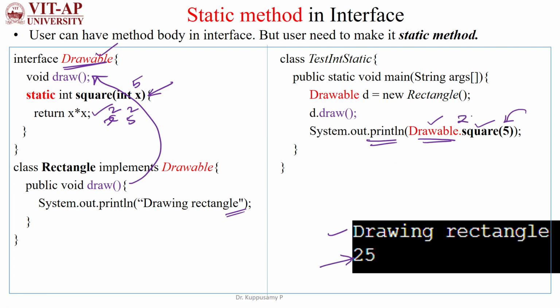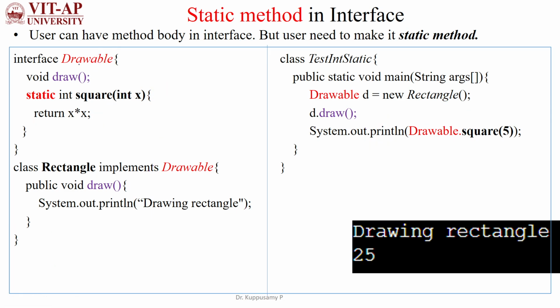So 25 will be written by using this statement, then 25 is displaying here. So here we can observe that the method which can be defined with the body of the content inside the interface with static keyword. So previously we have seen default keyword, now we are looking at static keyword.